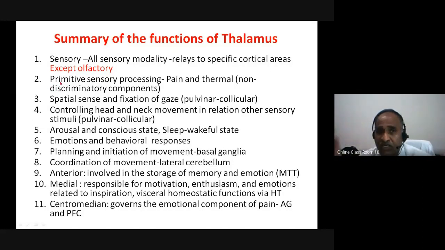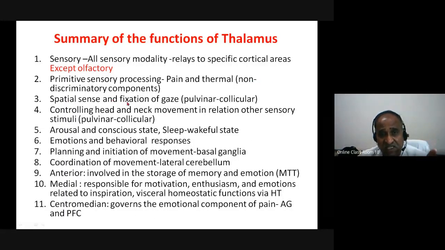Suppose I remove the entire cerebral matrix, in that case the person is able to feel the sensation or uneasiness, but will not be able to define it precisely as we do. So a primitive sensory processing is present in the thalamus, especially for pain and thermal sensations. These are non-discriminatory sensations. Discriminatory sensations are those coming from the posterior column.